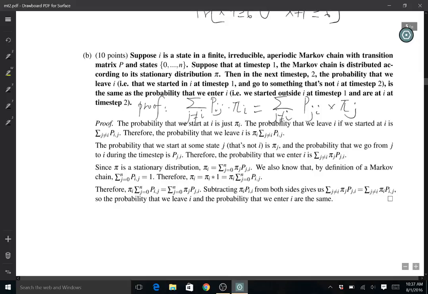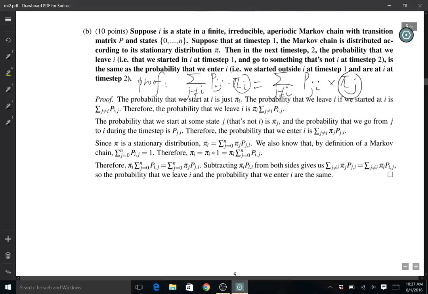So by the way, here pi is the stationary distribution of i and j. I didn't put which time step it is, because it's the same for each time step.